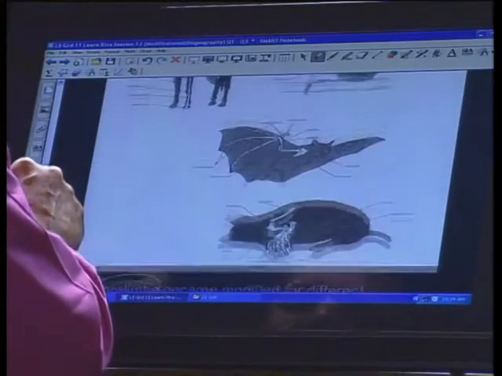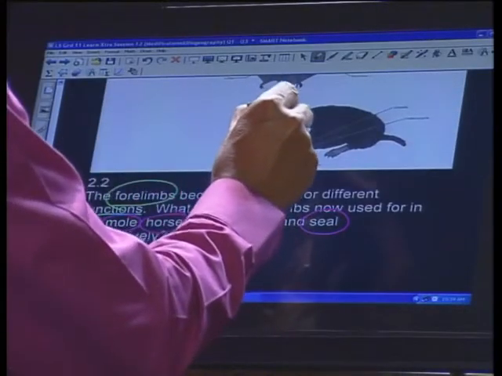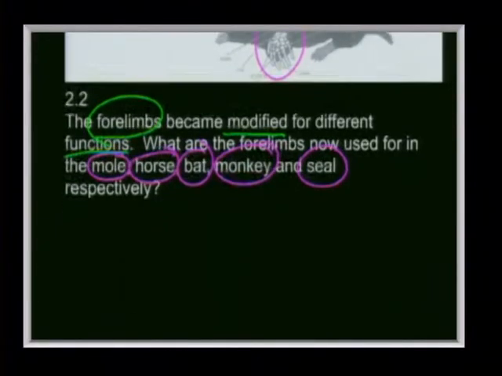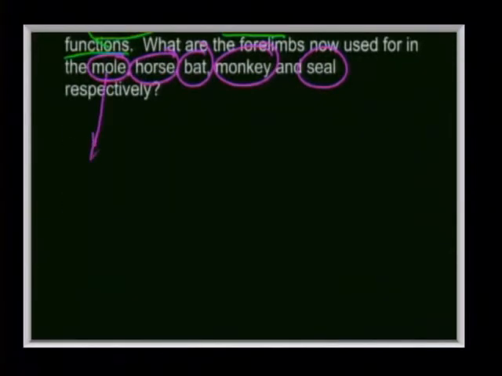Now remember, all of this was mentioned in the previous section where we looked at the theory. But just to get an idea, have a look, there you can see the forelimb of the mole. So you can see that it would be specialized for digging.